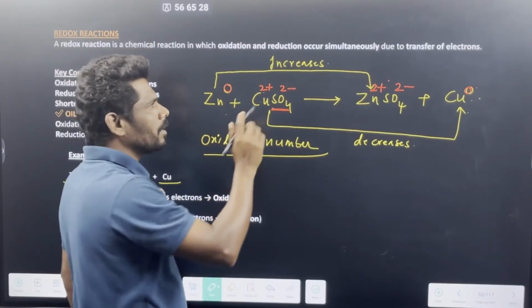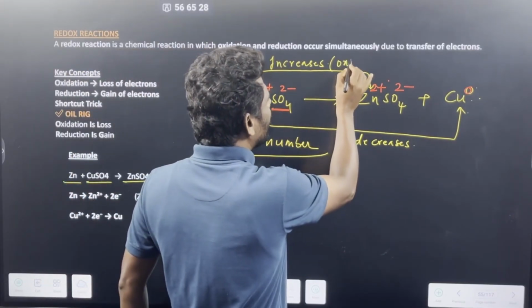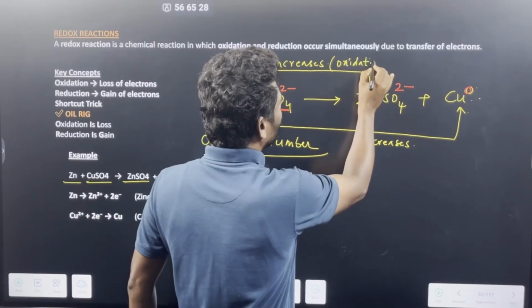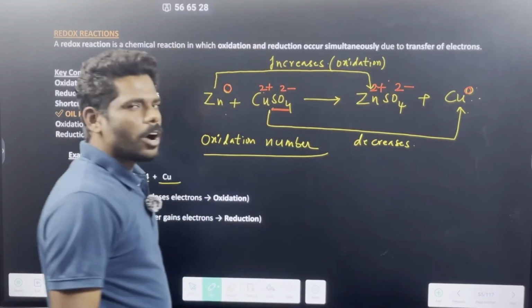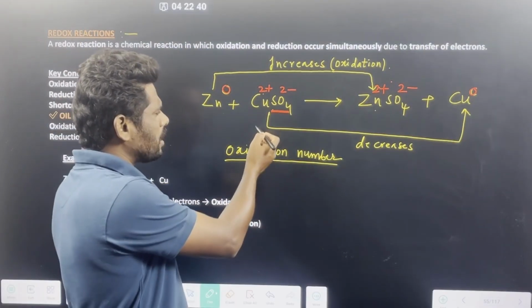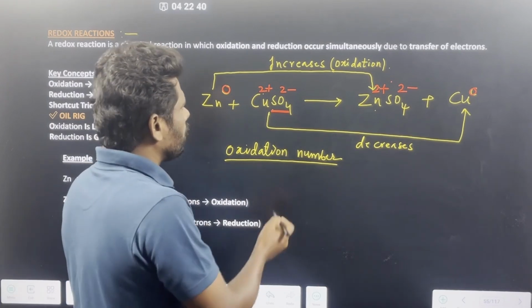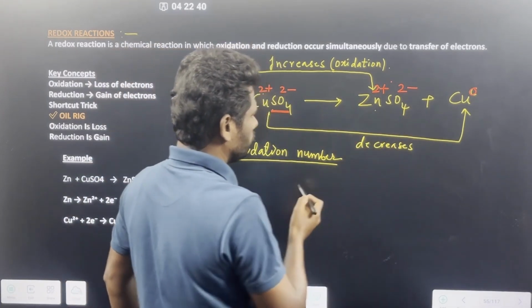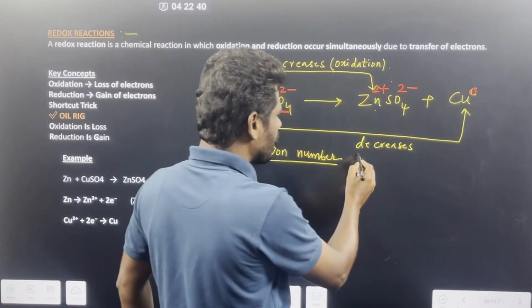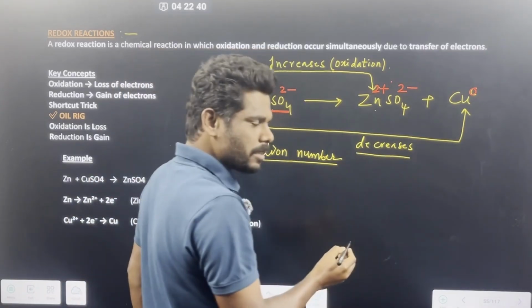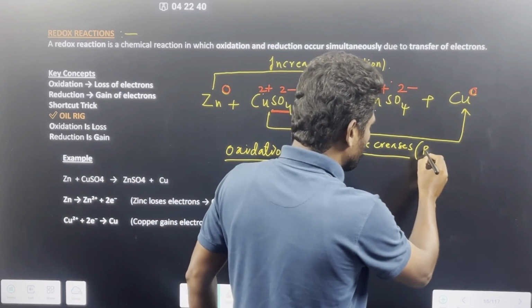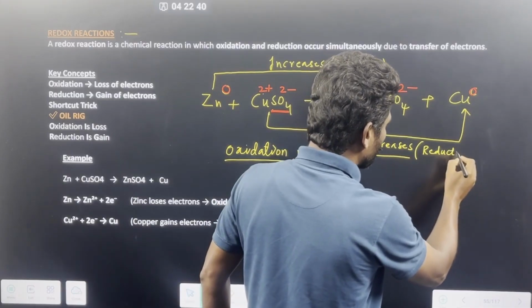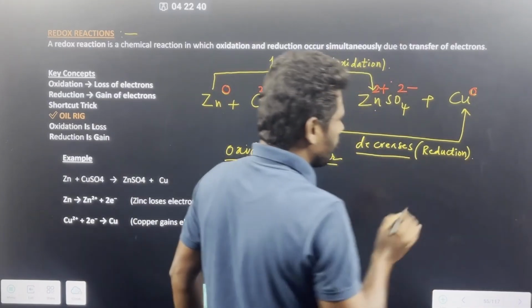So keep in mind, increase in the oxidation number is oxidation. Copper sulfate here is changing its oxidation number from +2 to 0. That means its oxidation number decreases. So we say that it has undergone reduction.